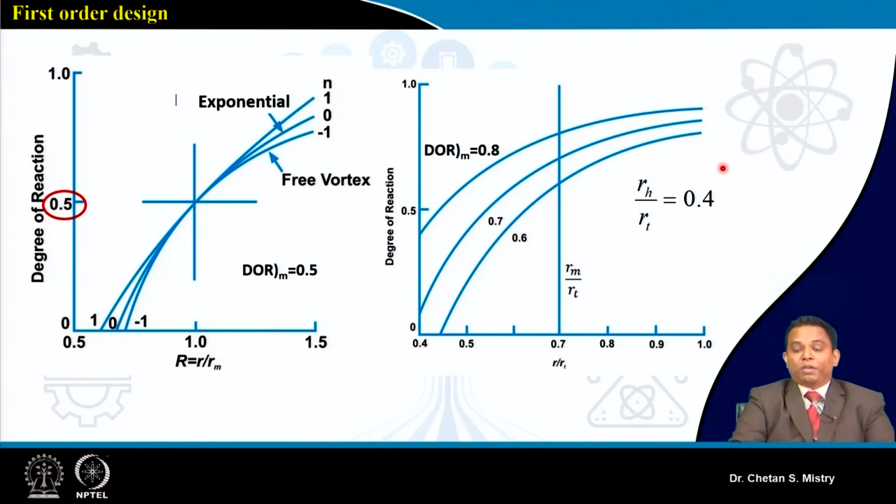If I assume my RH by RT equal to 0.4, you can understand my hub radius is lower relative to the tip radius.